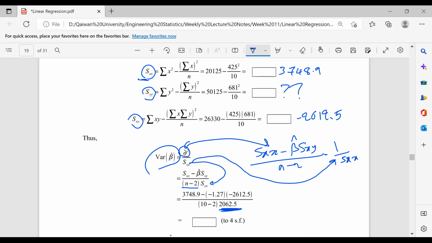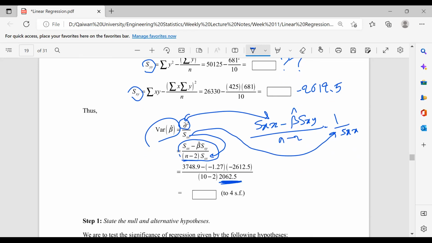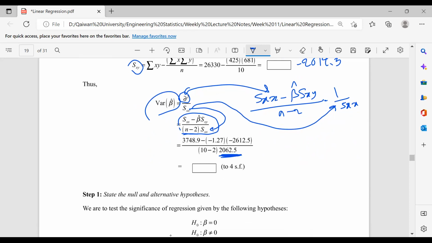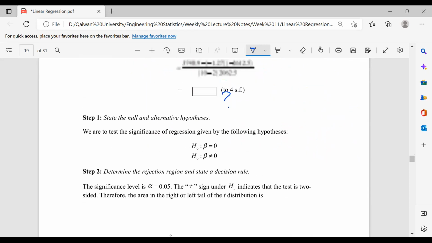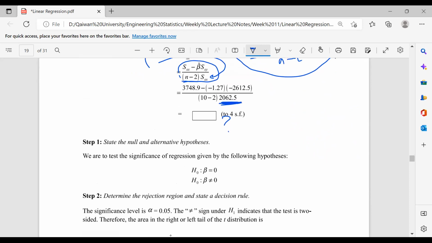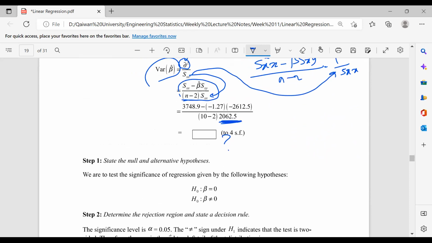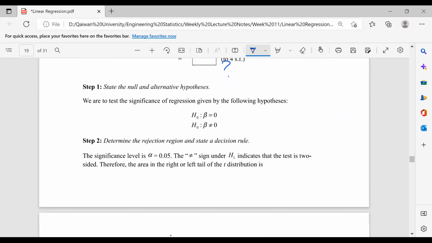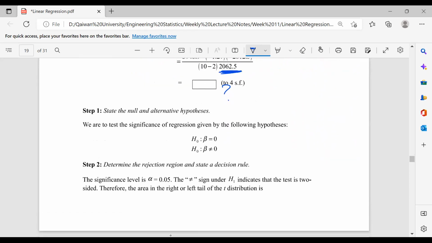After getting this rule, we just plug in the values of s sub xx and s sub xy and we get the result. It's only calculations, which I leave for yourself, only by using a calculator.